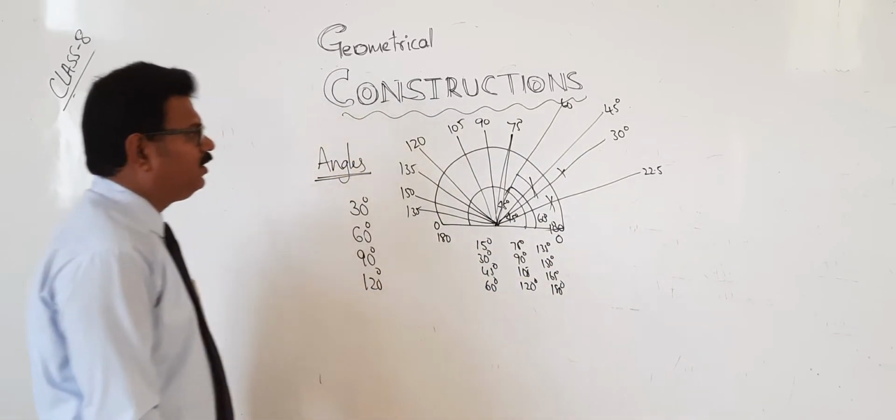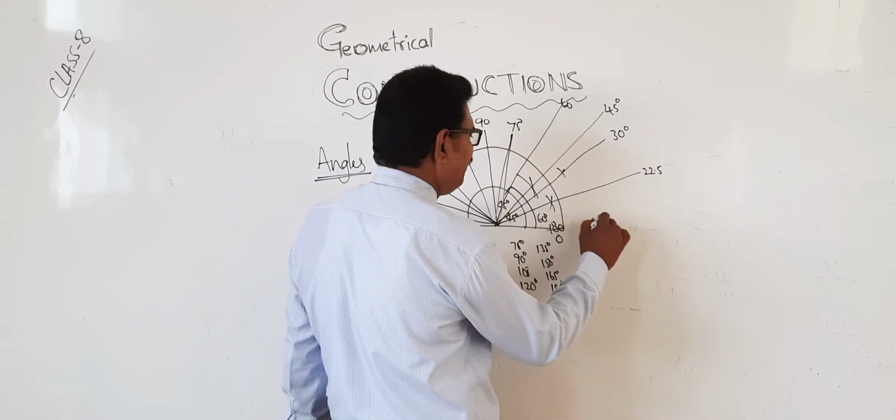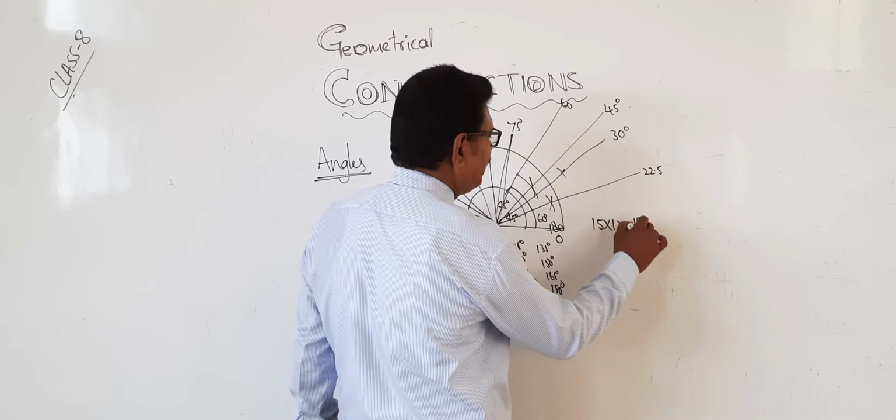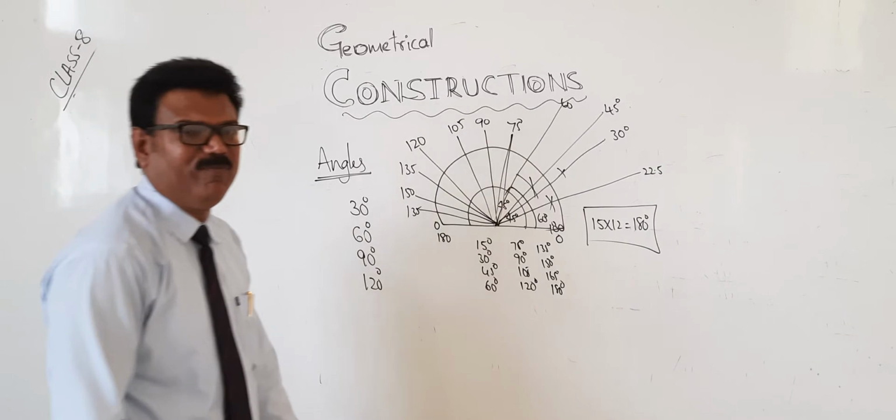So total we can draw 12 angles. 12 angles means 15 into 12, it is nothing but 180 degrees. Therefore, each difference will be 15.